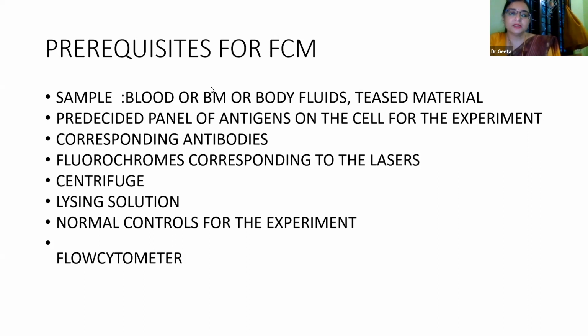Apart from that, we need normal controls for every experiment so that we could comment on especially the absence of a particular antibody. When we are not using a normal control, it will be difficult to ascertain whether the absence is a true absence or it is due to an issue in our experiment. And of course, we need a flow cytometer.